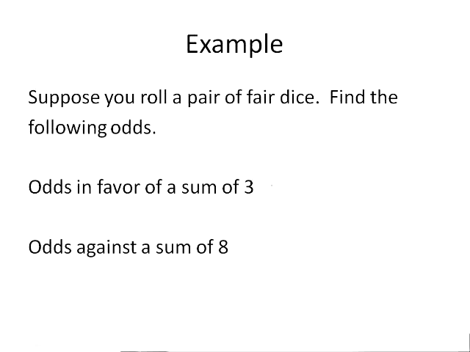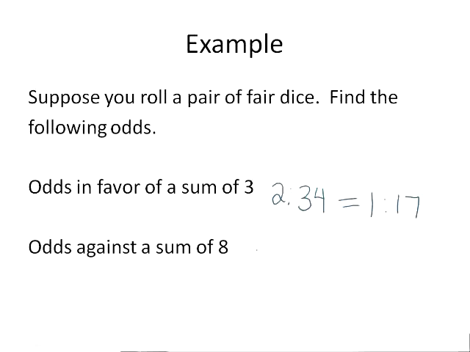Well, there are 2 ordered pairs that add up to 3, so that means there are 34 that do not. Now this will reduce to 1 to 17. Notice the 2 plus the 34 gives us the total of 36 outcomes. 2 are in favor of the sum of 3, 34 are against.